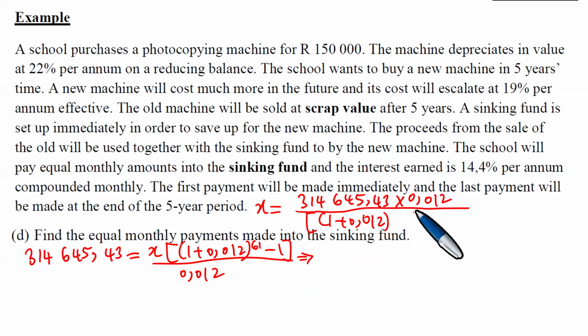We cross multiply and get this, raised to the power 61 minus 1, like so.